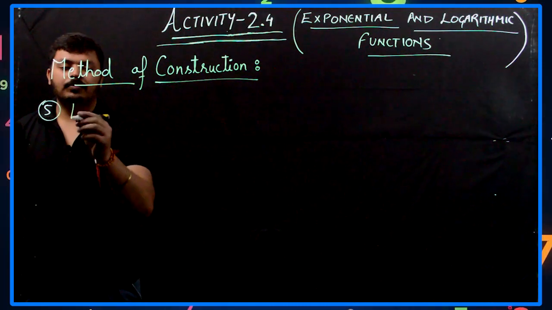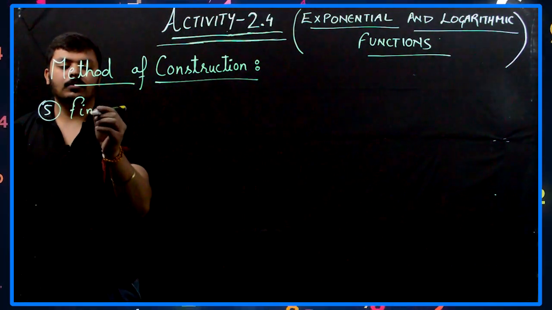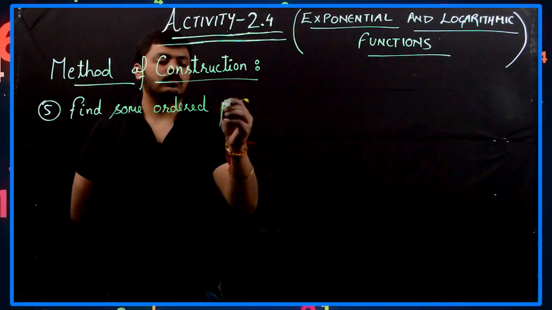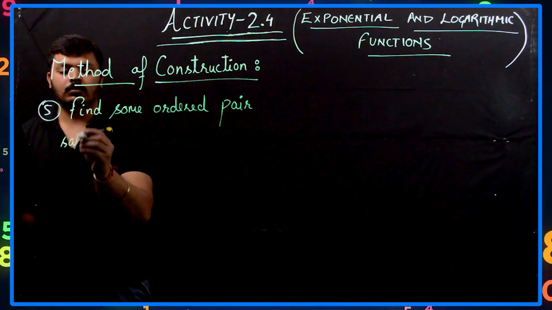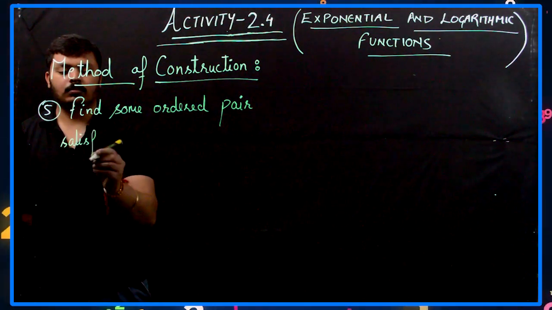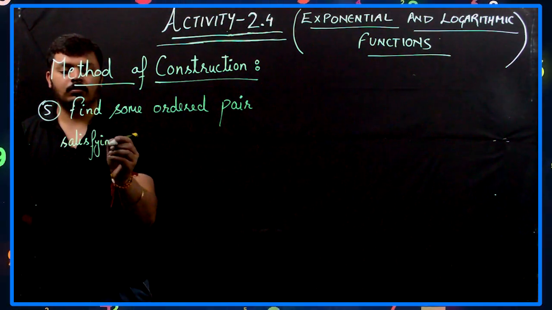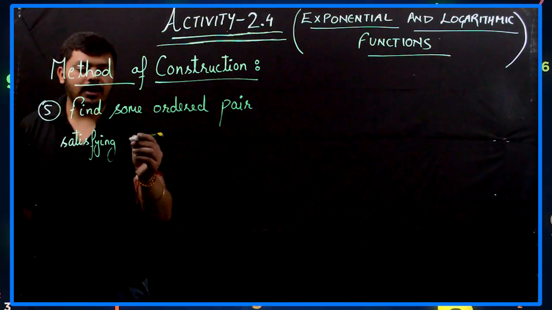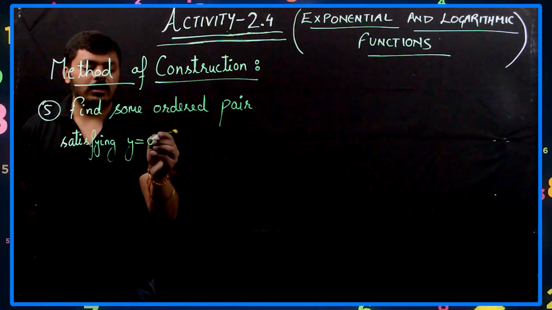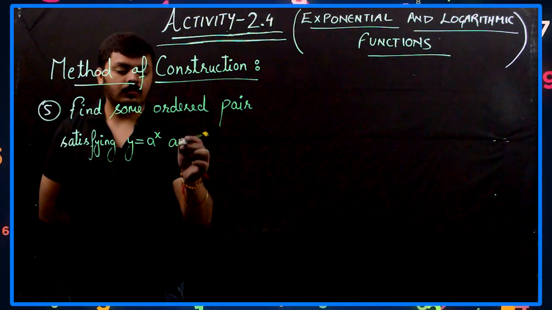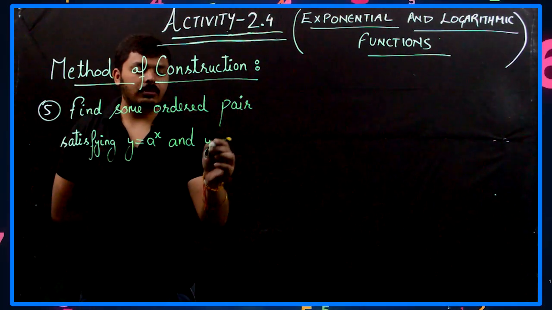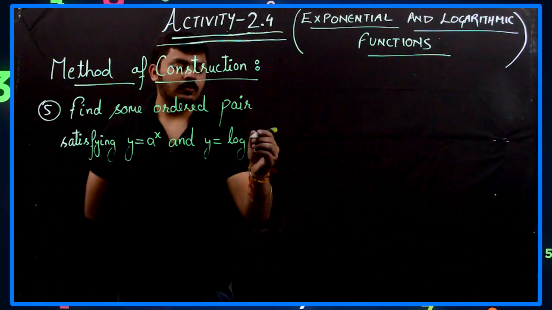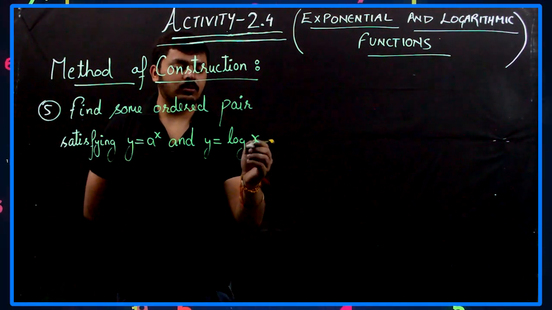Now step 5. Find some ordered pairs satisfying y equals to a to the power x and y equals to log x to the base a.